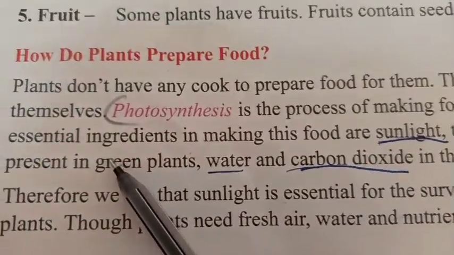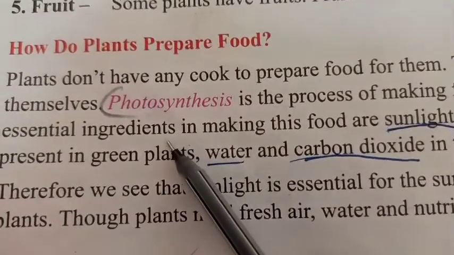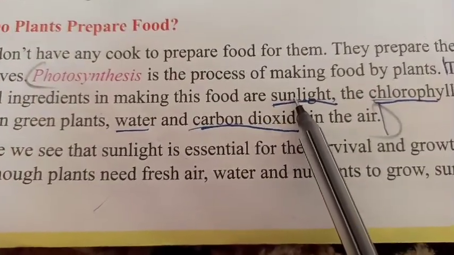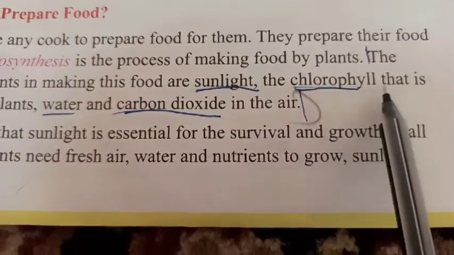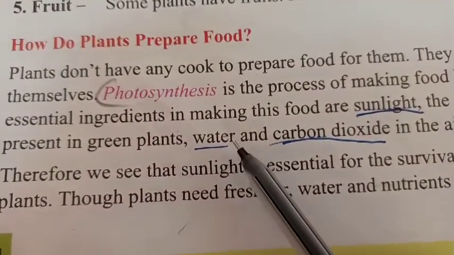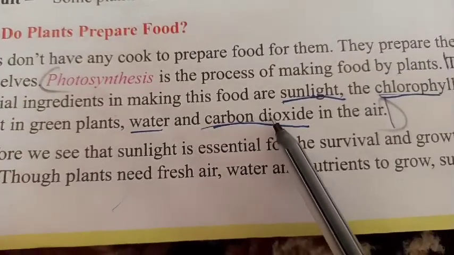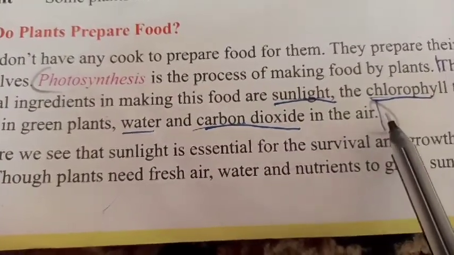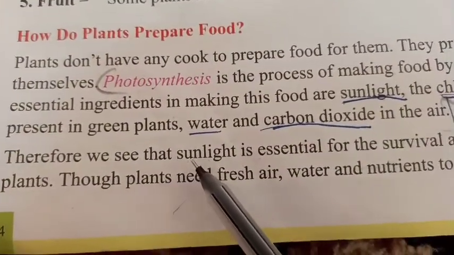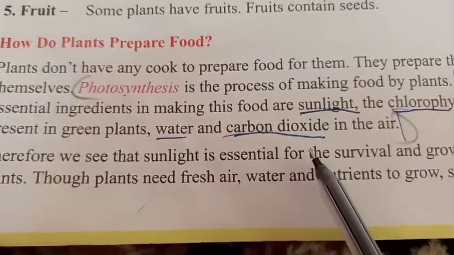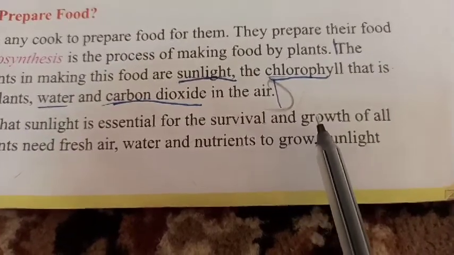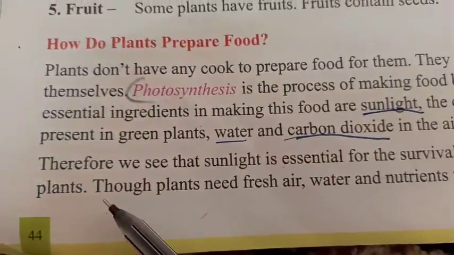The essential ingredients in making this food are sunlight, the chlorophyll that is present in green plants, water and carbon dioxide in the air. So therefore we see that sunlight is essential for the survival and growth of all plants.